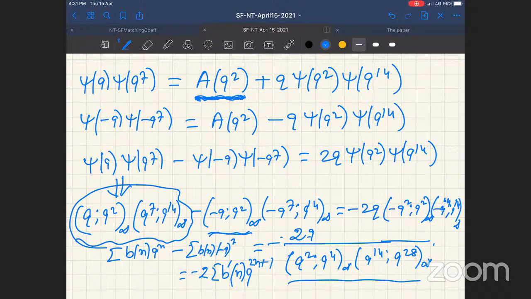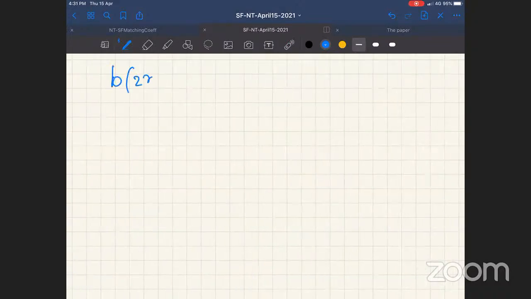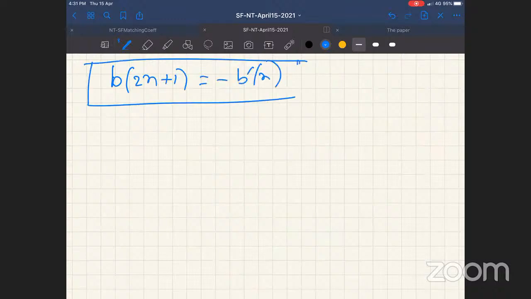So you just equate the coefficients of q to the power twice n plus 1, and we'll get that your B of twice n plus 1 is equal to minus B prime of n. So this is another result of a q-product which has matching coefficients with its inverse.